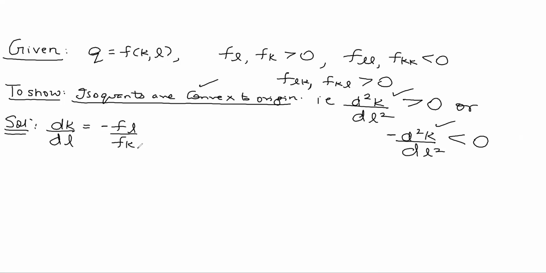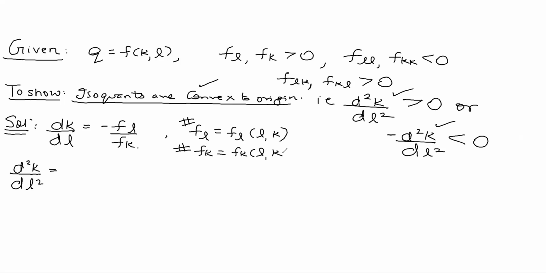If I do d square K by dL square, what will it come out to? Understand that marginal productivity of labor is itself a function of labor and capital, and marginal productivity of capital is itself a function of labor and capital.